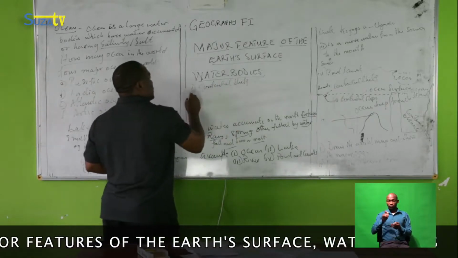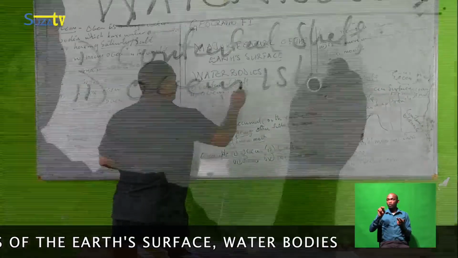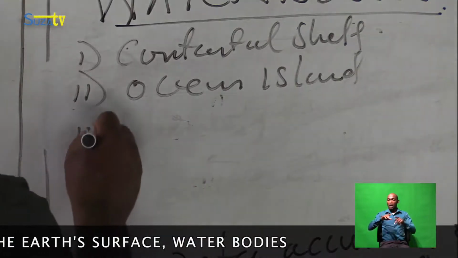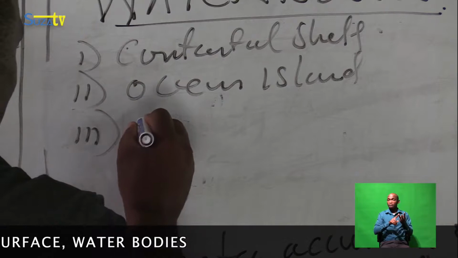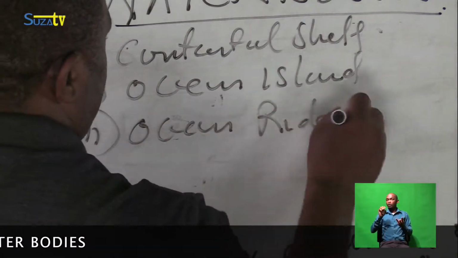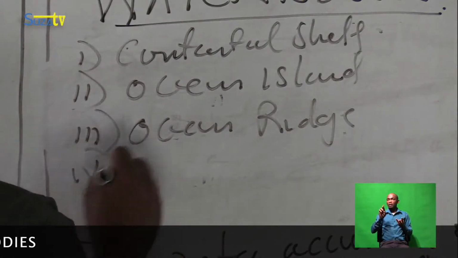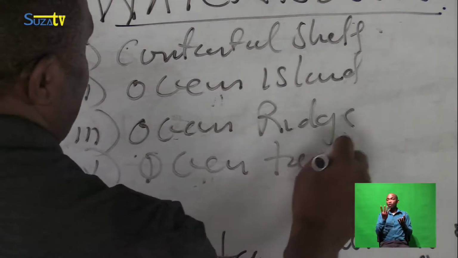Number two, oceanic islands. Number three, oceanic ridge. And number four is oceanic trench.